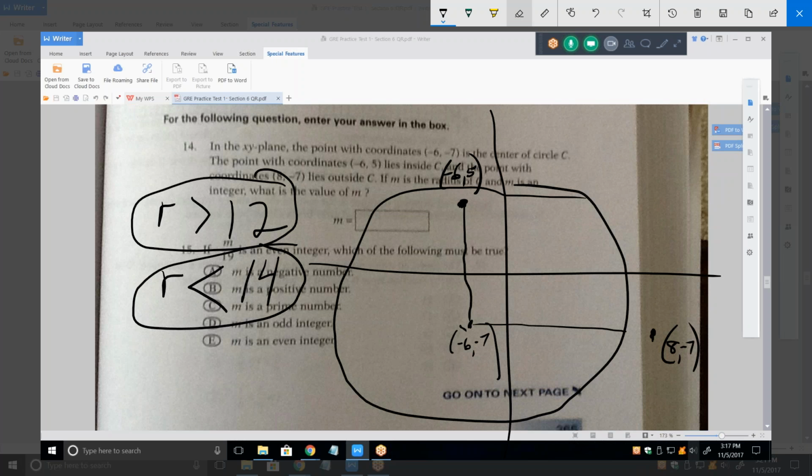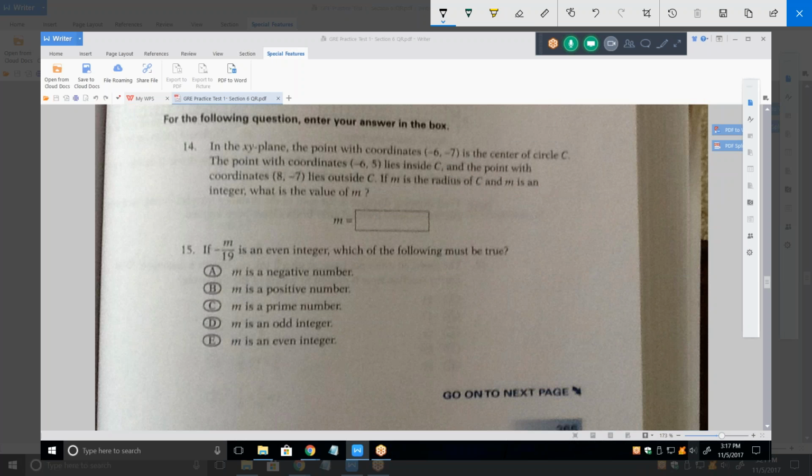And if we read all of the information we have here, if m is the radius and m is an integer, then what integer is greater than 12 and less than 14? 13. The only one. As I said, it can't be 12 or 14. Otherwise, those 2 points would have been on the circle, not either inside or outside.